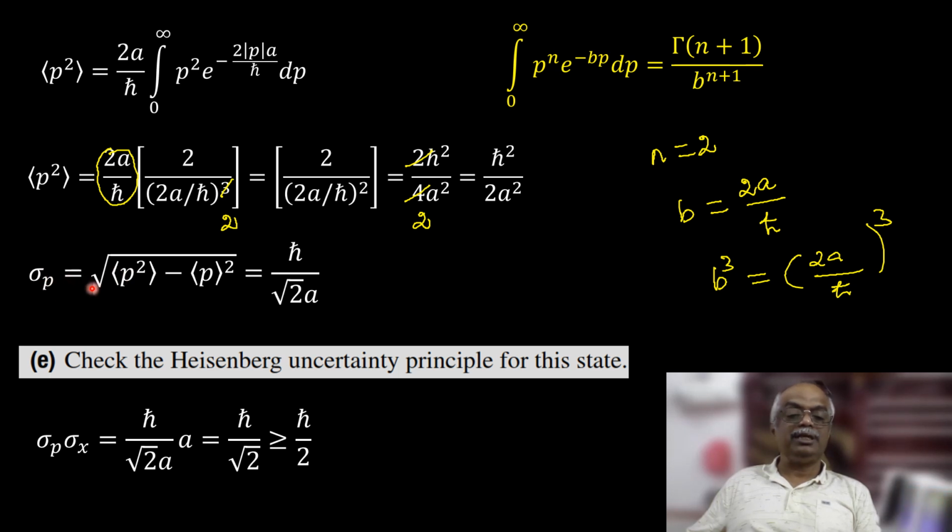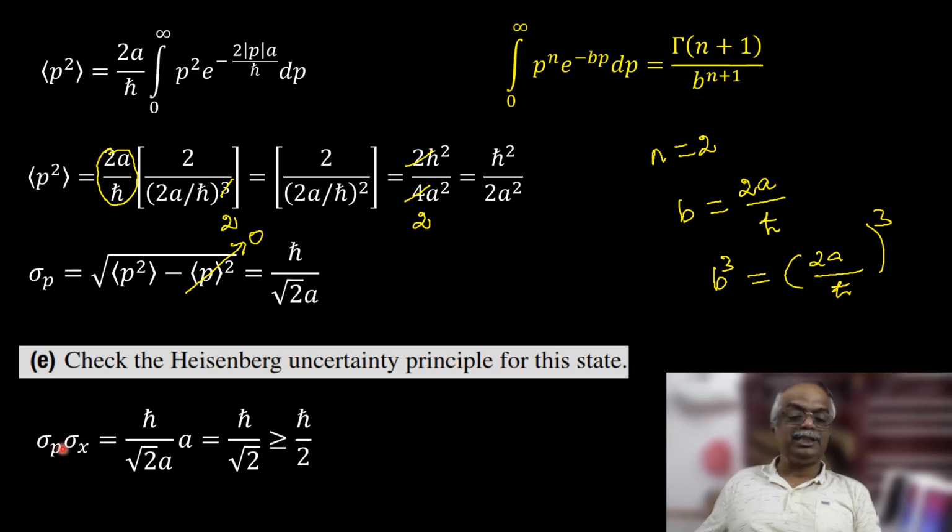Sigma p is equal to the square root of expectation value of p squared minus expectation value of p whole squared. As usual, the expectation value of p is 0. So naturally you have to take the square root of this. So this will become h cross divided by square root of 2 into a, because this is a squared, it will become a.